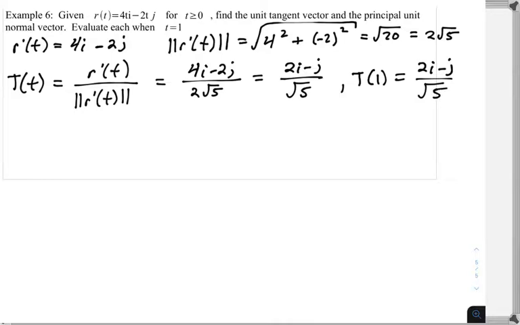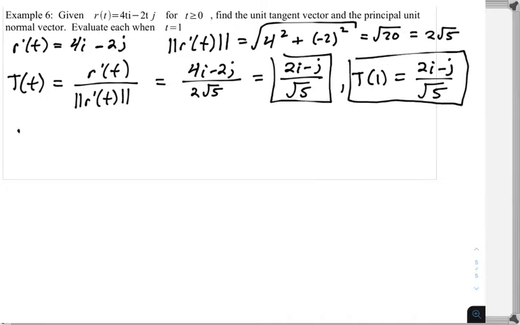Okay, so what this would mean is if we graphed this vector-valued function, it would be most likely the graph of a line, where the slope of the tangent line is just going to be constant. So it's not going to be turning left or right, so that would be an indication that the principal unit normal vector would be 0.